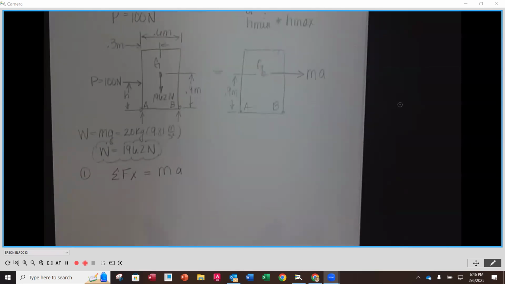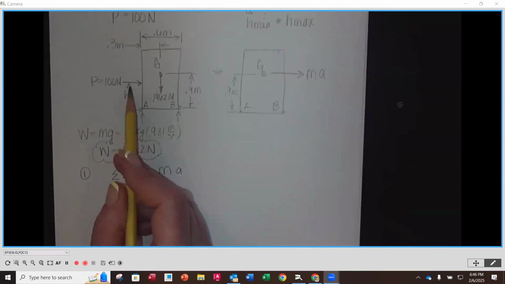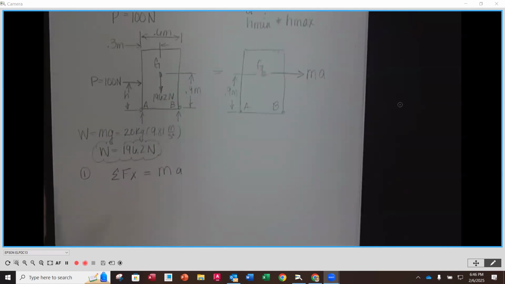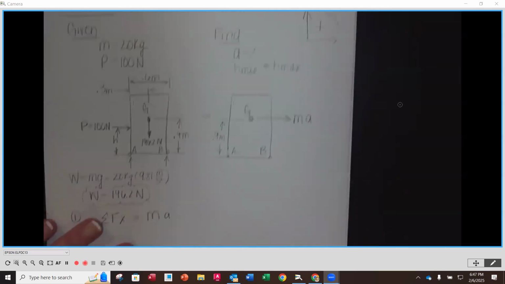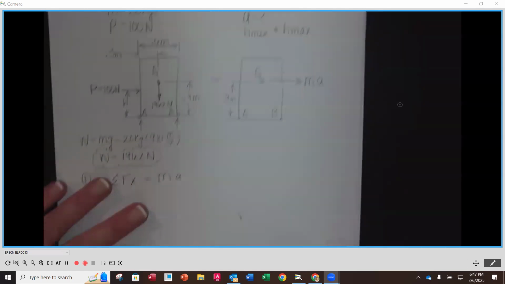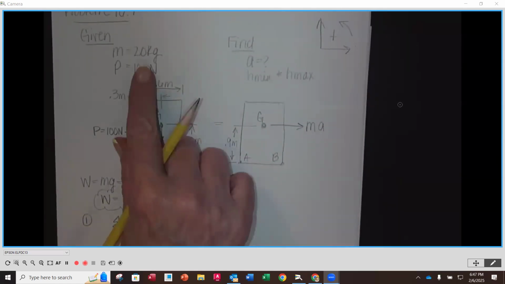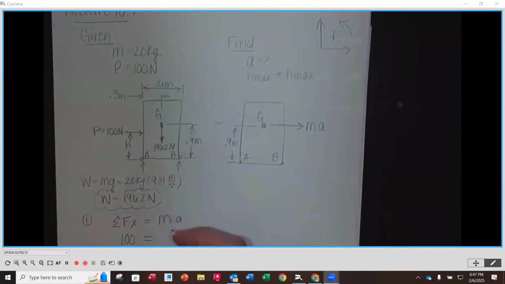When we look at the left-hand side here, the only force that we're seeing in the x direction is the 100 newtons. According to our convention here, that would be positive. So the left-hand side, 100, is going to be equal to mass times acceleration. If we look up at the top, we were given the mass of our crate is 20 kilograms. So this is going to be 20A.